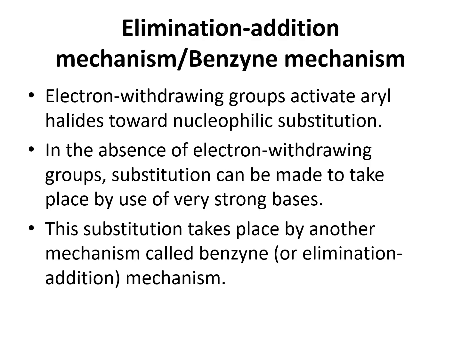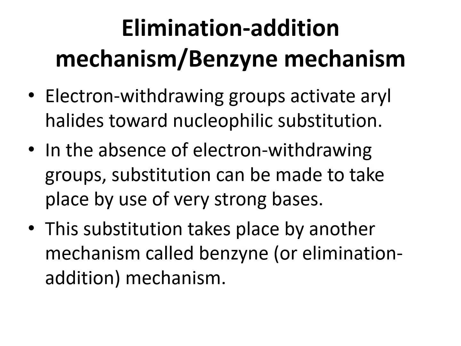In the beginning I mentioned that this nucleophilic aromatic substitution reaction may happen either by bimolecular displacement mechanism or by elimination addition mechanism. If there are electron withdrawing groups present either at the ortho or para positions or both, it may take up the bimolecular displacement mechanism. If the electron withdrawing groups are absent, this reaction can be made possible by using very strong bases and at very high temperature.